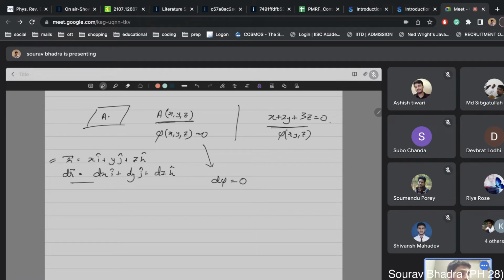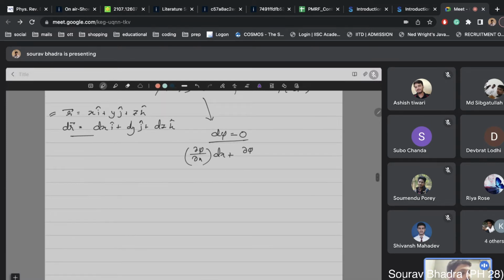Now take this phi and differentiate it: d phi equals 0. This d phi can be written as del phi del x dx plus del phi del y dy plus del phi del z dz equals 0.